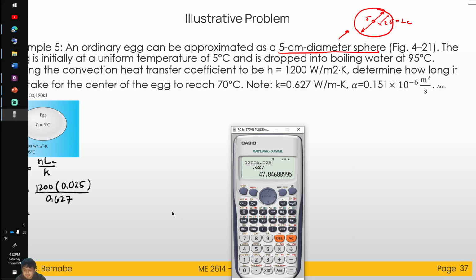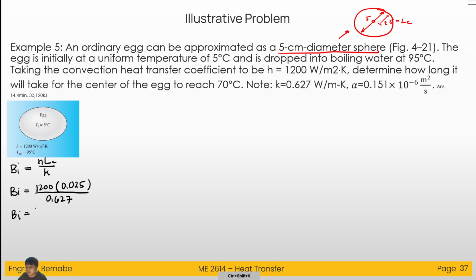So you have 47.85. That is very large. It is not less than 0.1. Therefore, this is not a lumped system.